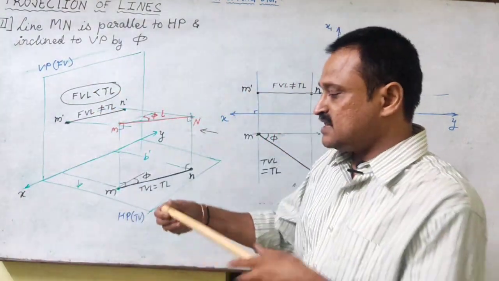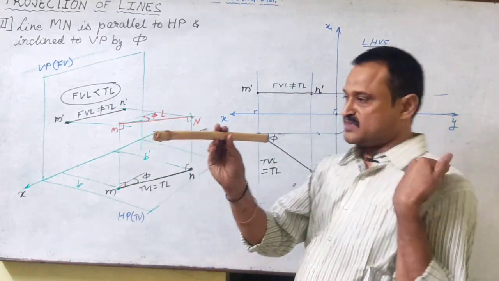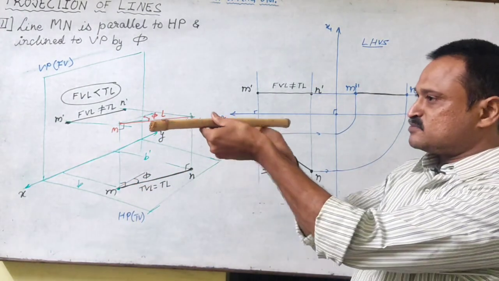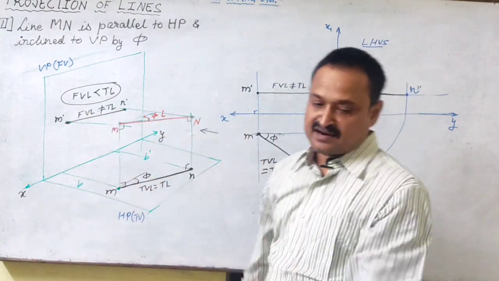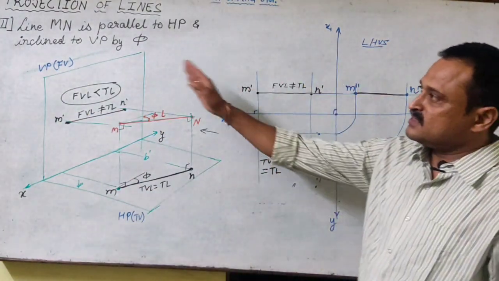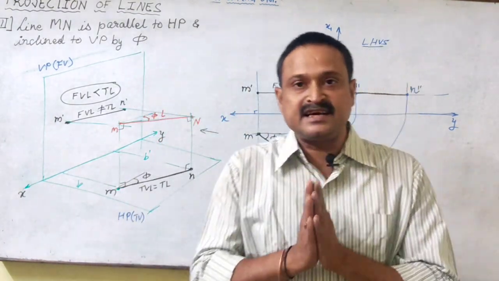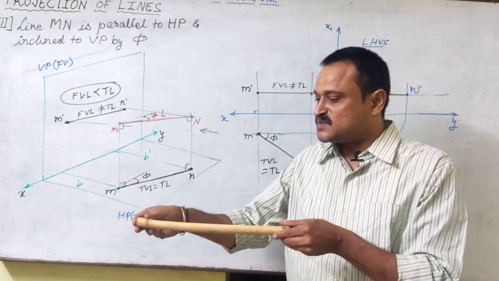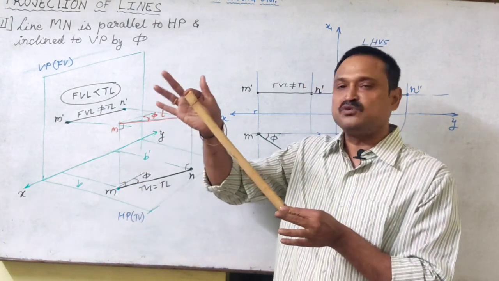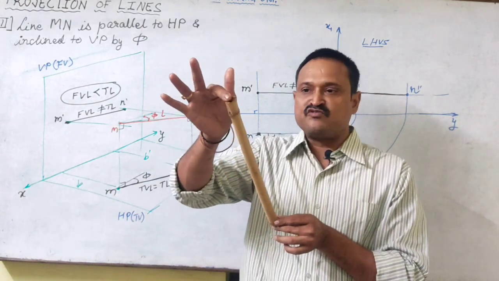So the line is parallel to HP and inclined to VP. So from the left, if I see, I'll be able to see the left profile view parallel to the XY line. And that is how we get all these three cases. And the final case is the oblique condition of the line, that means when the line is inclined to HP as well as inclined to VP.